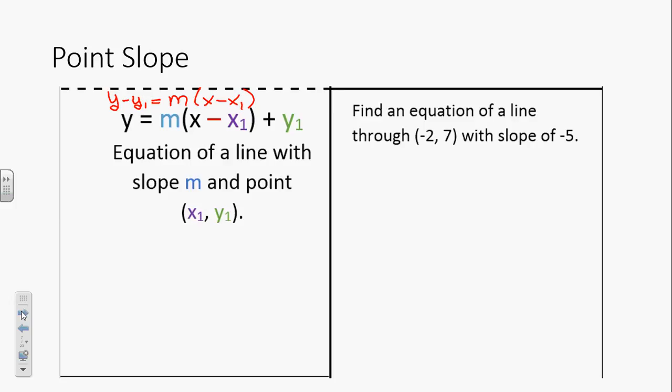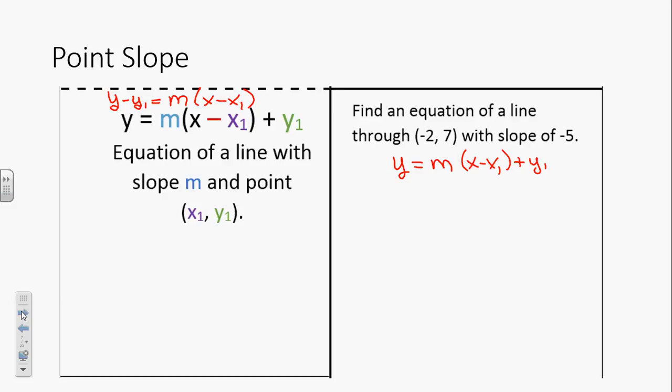So if we ask you to find the equation of a line through -2, 7 with a slope of -5, we can still use y equals mx plus b. But let's try the point slope to see how it works. Okay? So point slope says y equals the slope times x minus its coordinate plus the y coordinate.